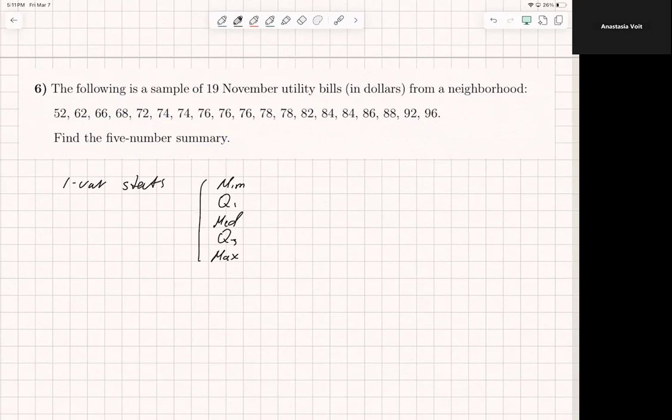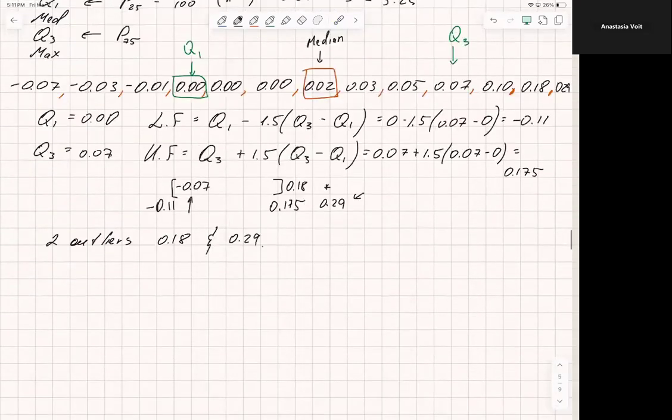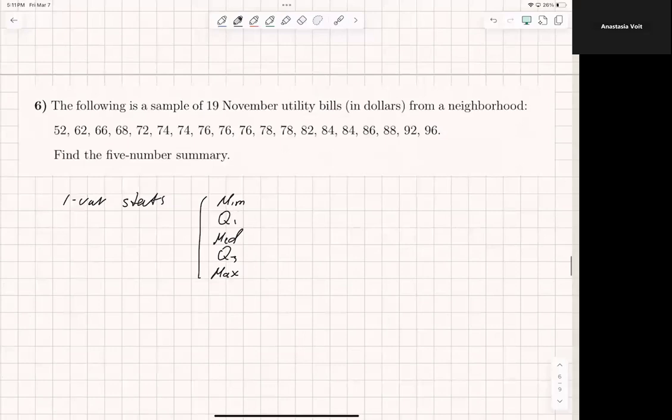Or you can calculate it the way that we did the previous time, just by crossing out all the values starting from the edges. Or you can also calculate it knowing that quartile 1 is P25, right? It's the 25th percentile. Median is the 50th percentile. Quartile 3 is the 75th percentile.